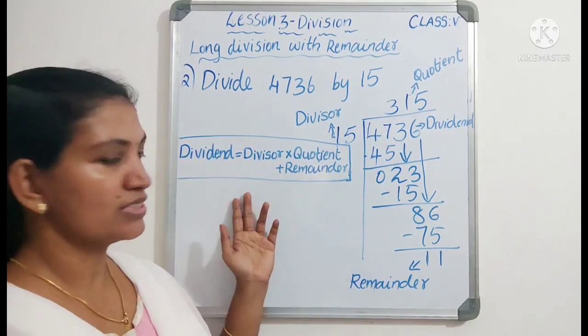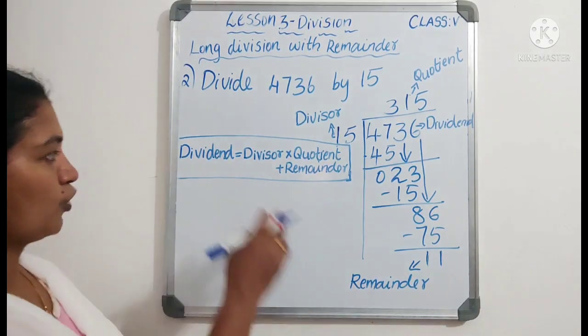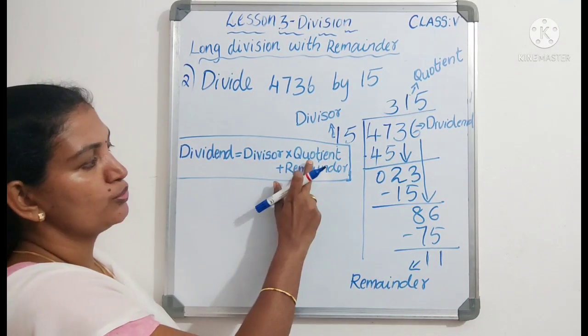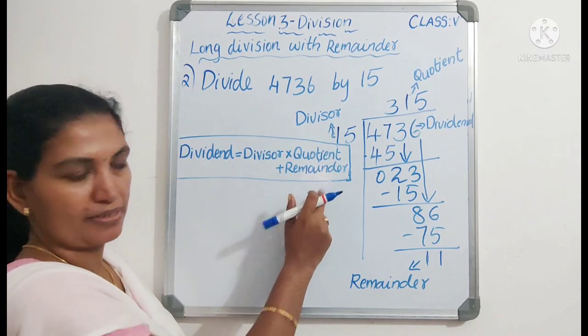So we put the given values in the given formula. Our formula is: dividend is equal to divisor into quotient plus remainder.